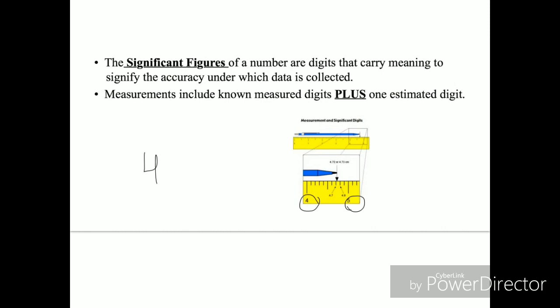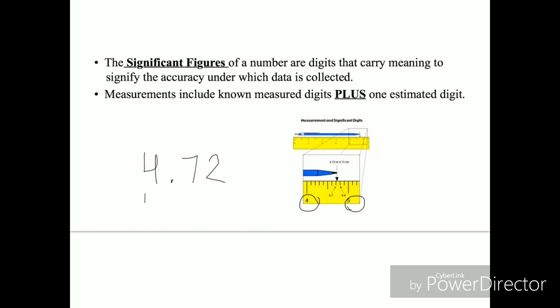Therefore, it's definitely 4.7, but it's not exactly 4.7. It's somewhere between 4.7 and 4.8, so we need an estimated digit. So we could estimate 4.72, but you can see we could also estimate 4.73. So when taking a measurement, remember, it's all the known values plus an estimate.